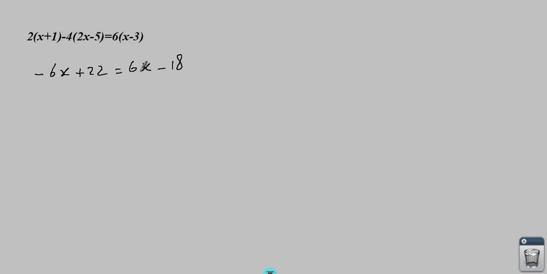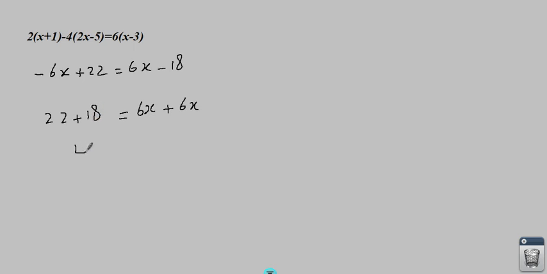Now I notice that if I take the 6x term to the left hand side, I will end up with a negative coefficient of x. So I may decide to bring the negative 6x to this side. So I have a 6x, which is this one, and I take this term to the other side, and it's plus 6x. I have a 22 here, and the negative 18 comes to this side, it becomes a plus 18.